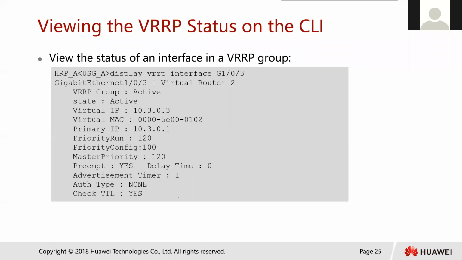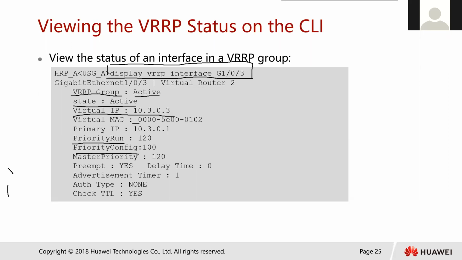First, display VRRP interface, to see the state of this interface. It can show, for example, that the VRRP group is active, meaning it is master, and the state is also active. The virtual IP is also shown, and the priority configured.